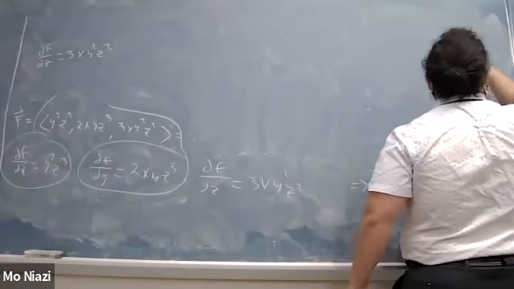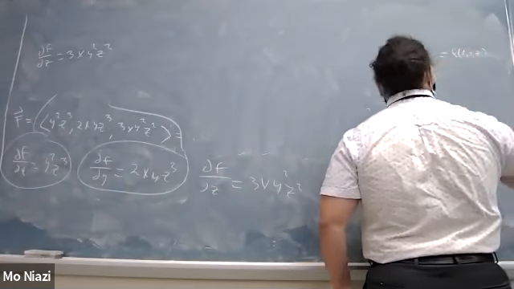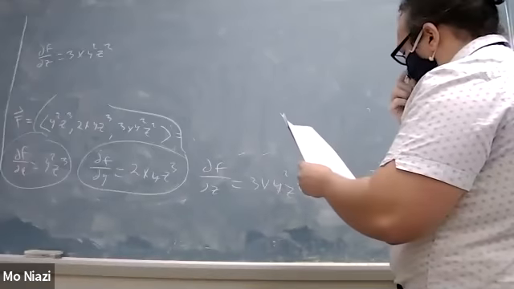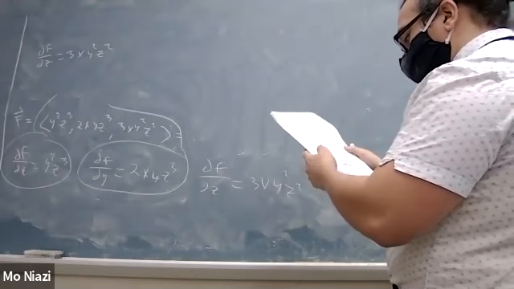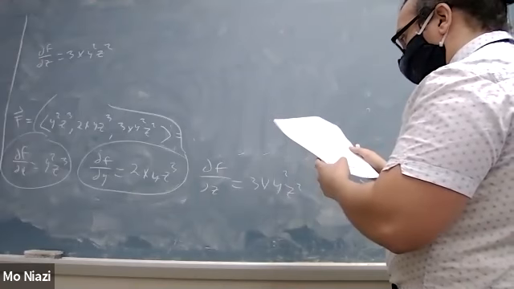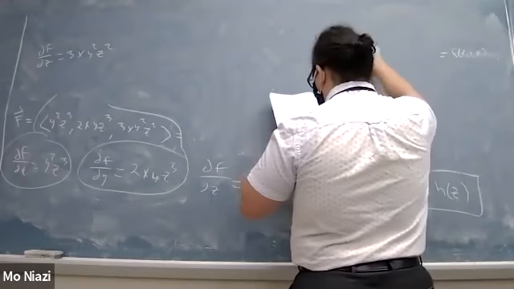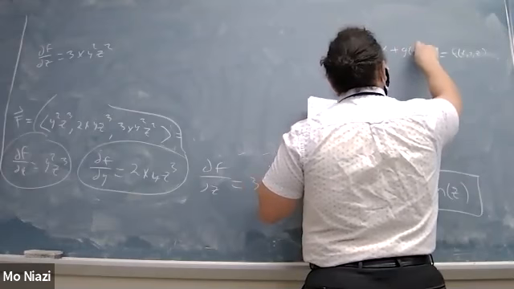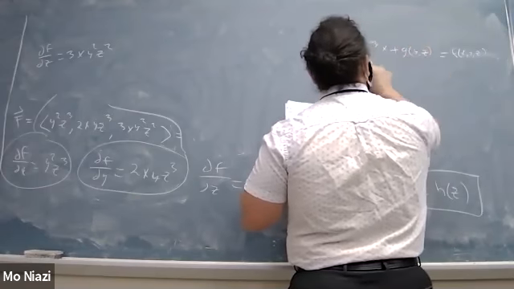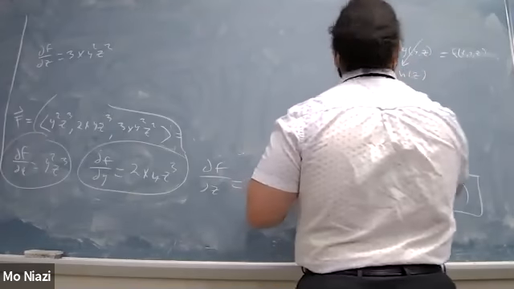I had right here that f of x, y, z had equaled y squared z cubed x plus our g of yz. Then we determined that this is just some h of z. Okay.